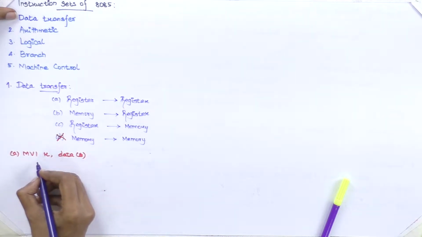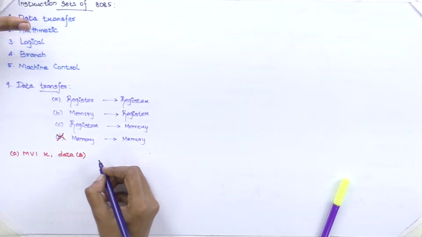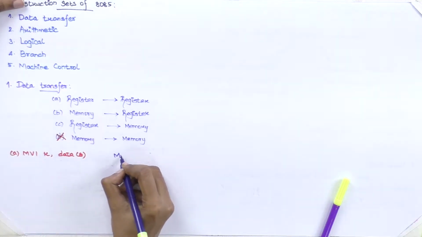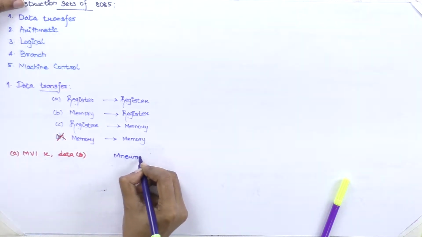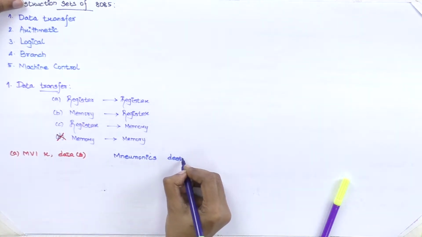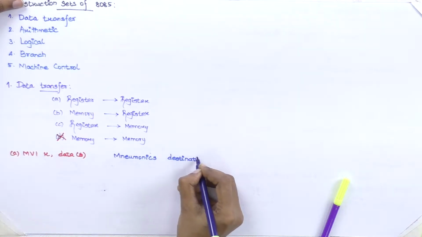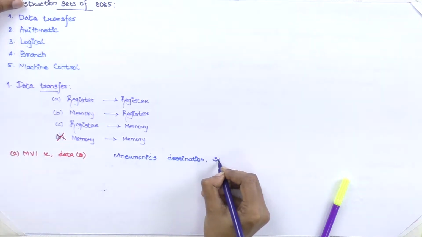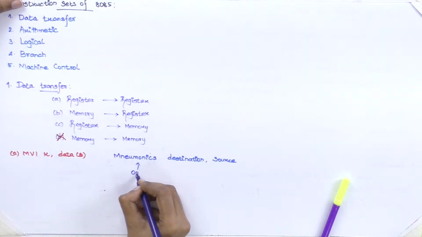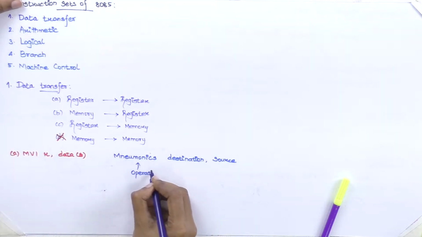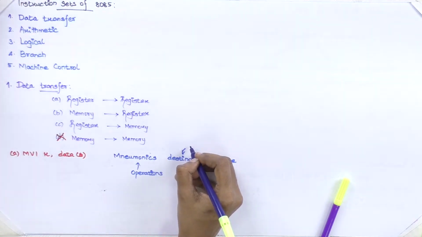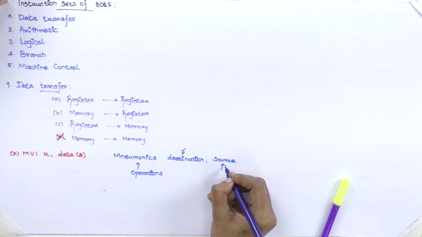So the general instruction format is, you have to write the mnemonic, then the destination, and then the source. Mnemonics are nothing but the operations to be performed. Destination is where your data has to move, and source is where you get the data.